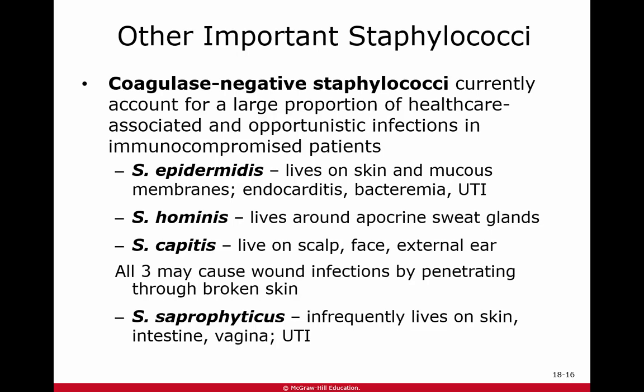Staph hominis lives around the apocrine sweat glands. Staph capitis lives on the scalp, the face, and the external ear. And those three can cause wound infections if there's a break in the skin somewhere. Then you have Staph saprophyticus that frequently lives on the skin, infrequently in the intestine, and the vagina, and this is going to cause UTIs.